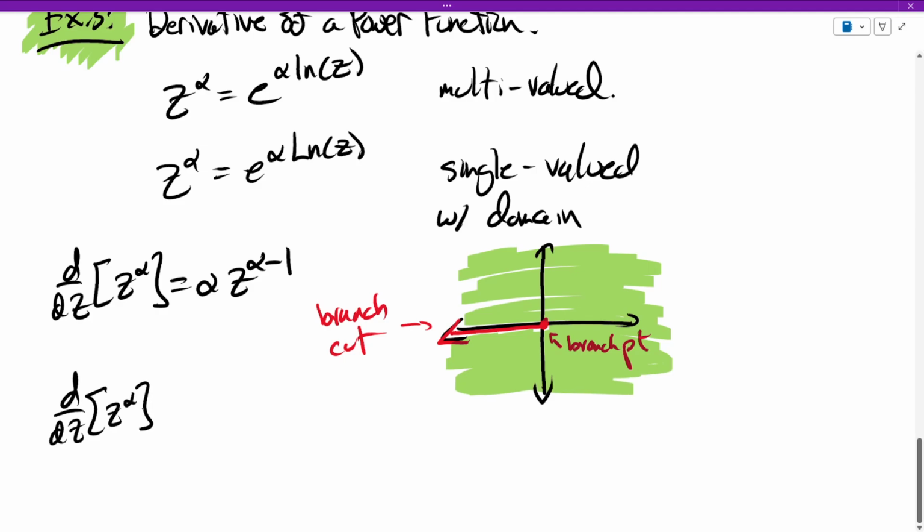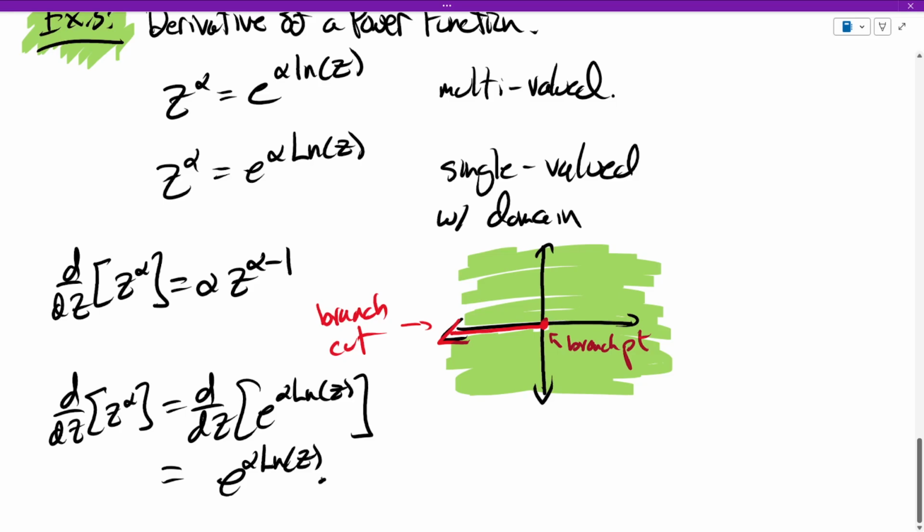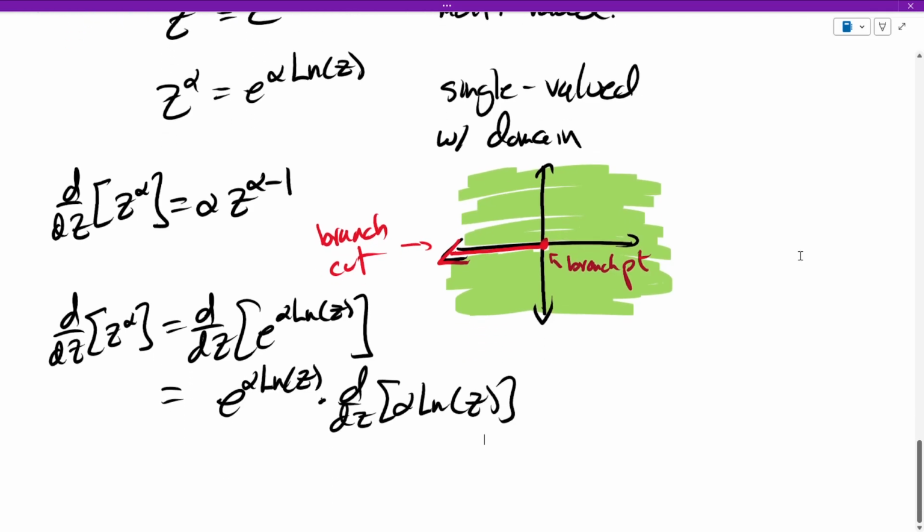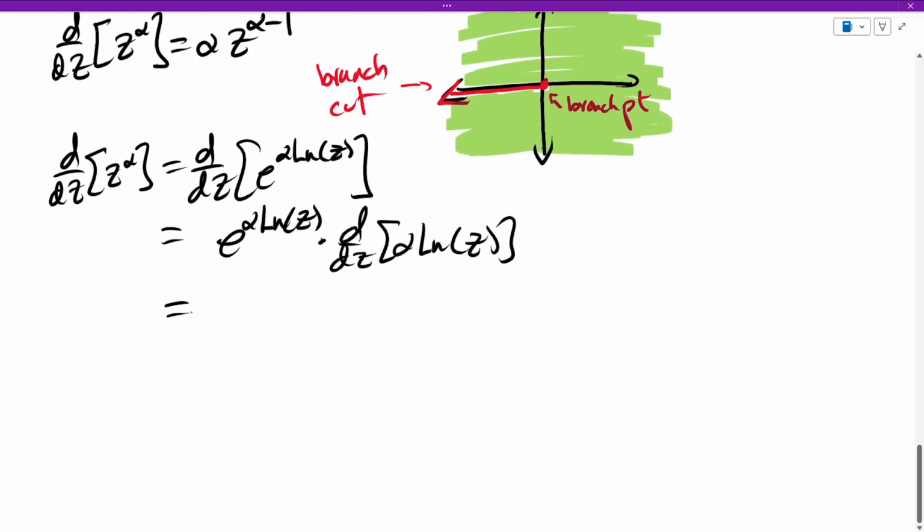This is just a chain rule problem. Taking the expression e to the alpha log z, and using the fact that log z is analytic here and e is entire, it's analytic everywhere. And so the derivative is, by the chain rule, we differentiate e, and then we multiply by the derivative of the exponent, d dz of alpha log z. And the derivative of log is 1 over z.